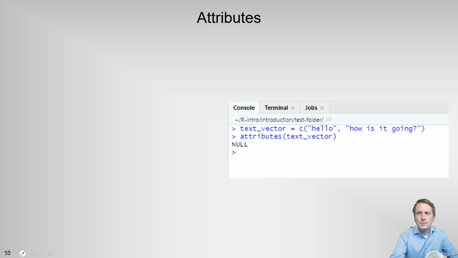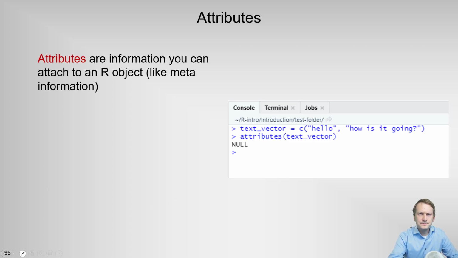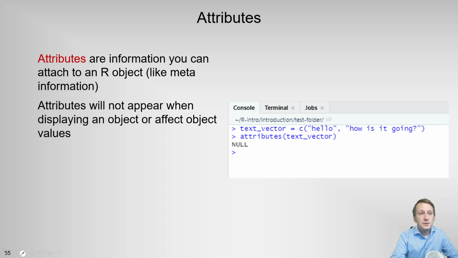So now let's talk about attributes. Attributes are information you can attach to an R object, just like meta information. Attributes will not appear when you display an object, and they do not affect the object's values, but they are attached to it, and they can sometimes help to understand what the different values are, or what respondent or unit they belong to.